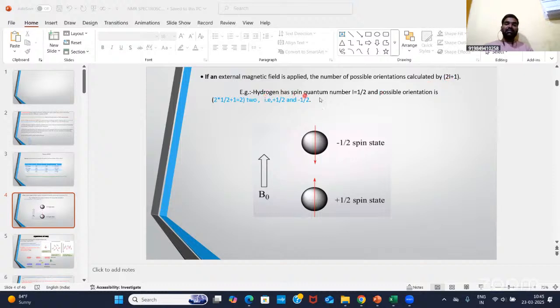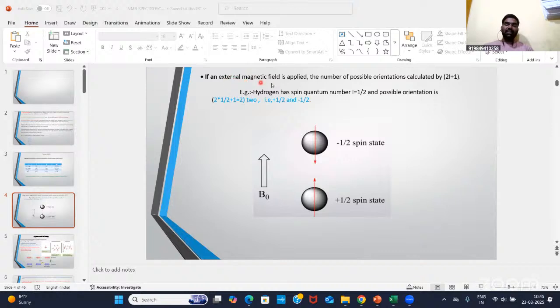Hydrogen has spin quantum number I equal to half, and the possible orientations will be 2 into half plus 1, that is 2. So only 2 orientations are possible, plus half and minus half.